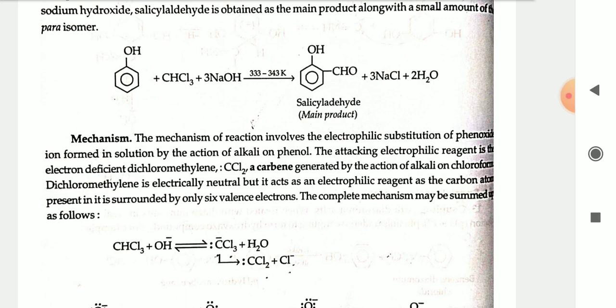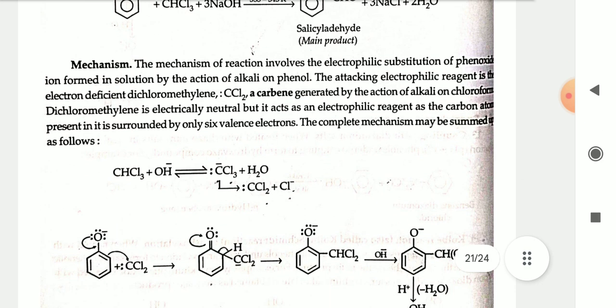Mechanism: the mechanism of the reaction involves the electrophilic substitution of the phenoxide ion formed in solution by the action of alkali on phenol. The attacking electrophilic reagent is the electron deficient dichlorocarbene, CCl2, a carbene generated by the action of alkali on chloroform.